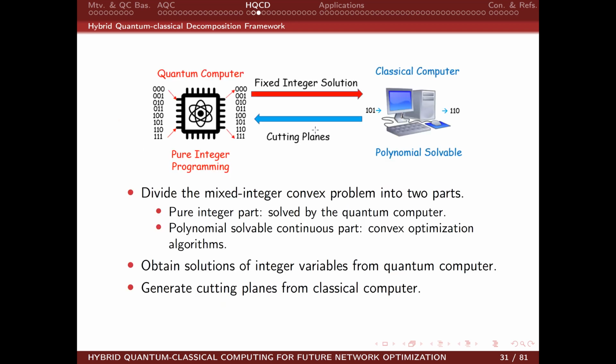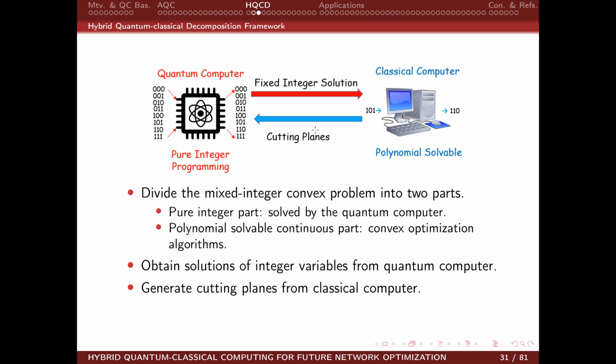Okay, the idea is that this hybrid classical quantum decomposition framework can be applied to the mixed integer convex problem. First, we divide the mixed integer convex problem into two parts. One is the pure integer part, which can be solved by the quantum computer. The convex continuous optimization part can be solved on the classical computer.